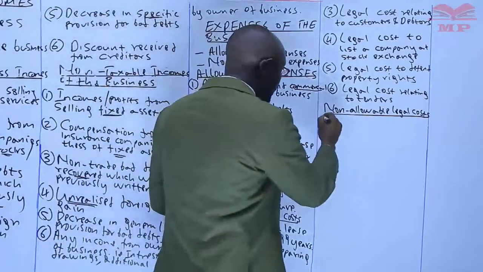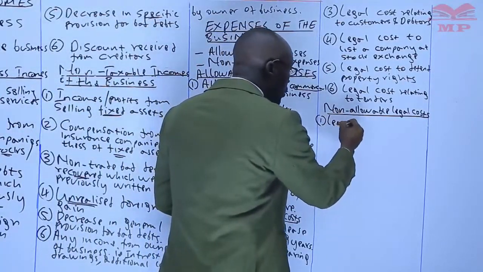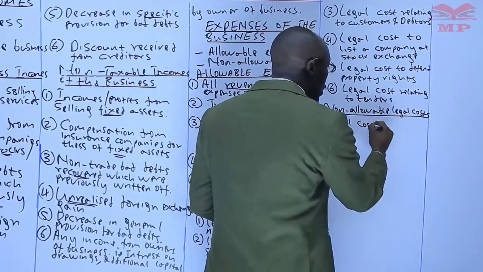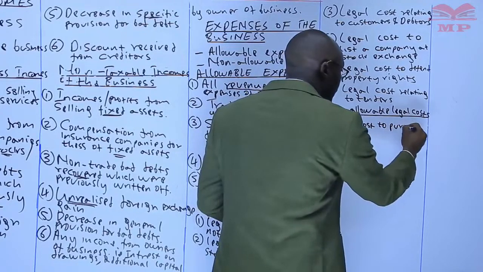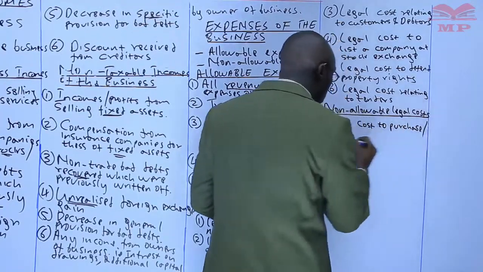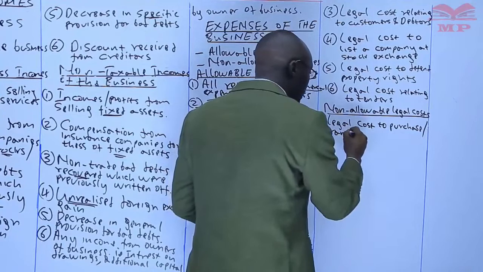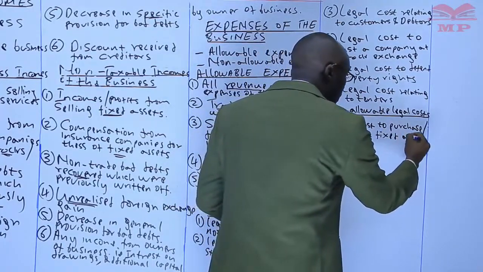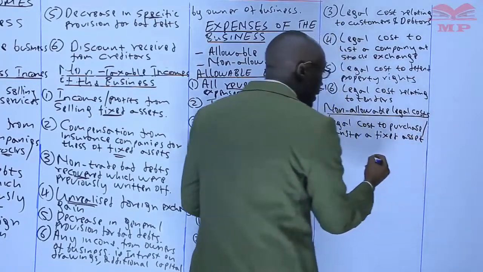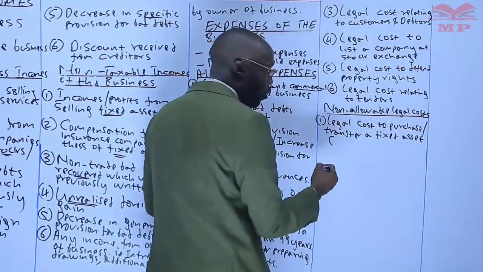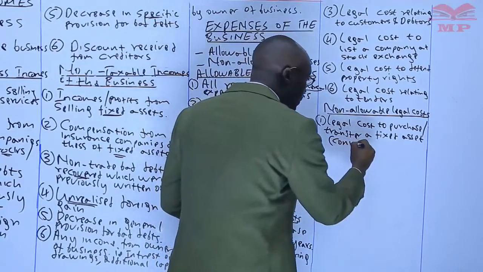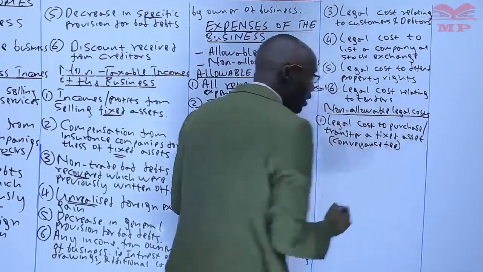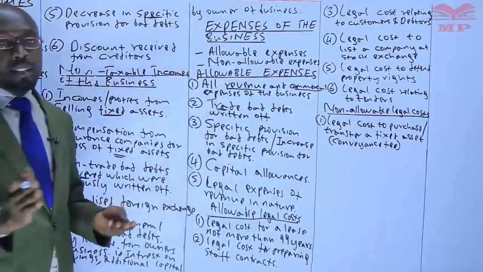Which ones are they? Number 1, we have legal costs to purchase or transfer a fixed asset. The other name we normally give that cost is the conveyance fee. Why don't we allow it?